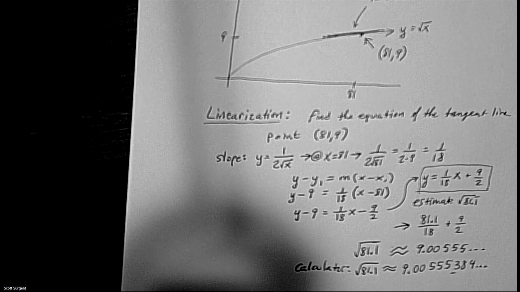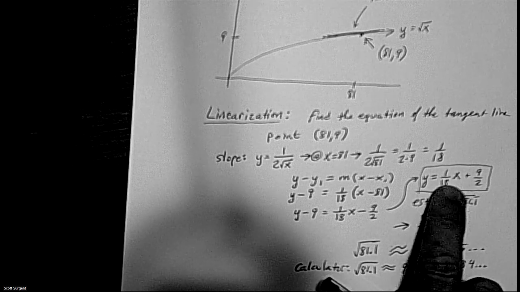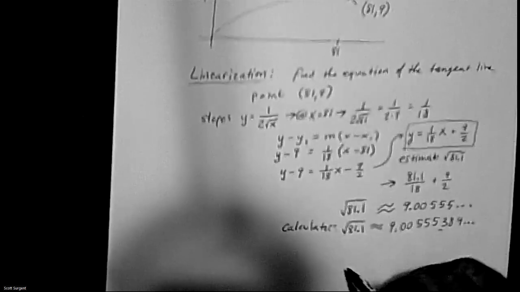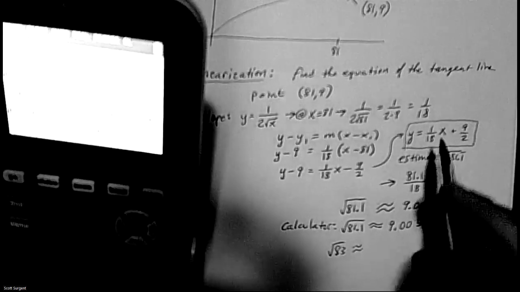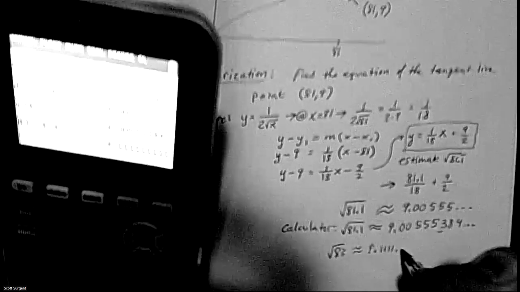That's extremely good precision. And it's interesting because you can even calculate a bigger number, like the square root of 83. You could probably do this without a calculator. If you plugged in 83, well, I'll use my calculator for time. The square root of 83, according to the linearization, would be 9.11111 forever.